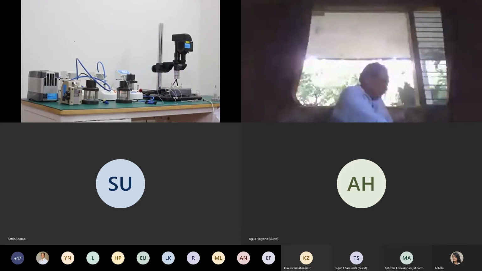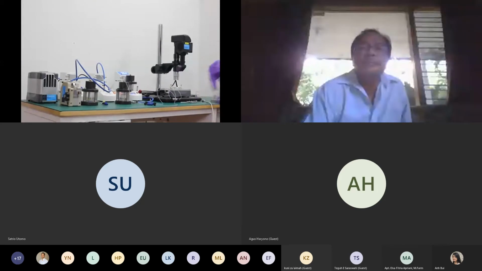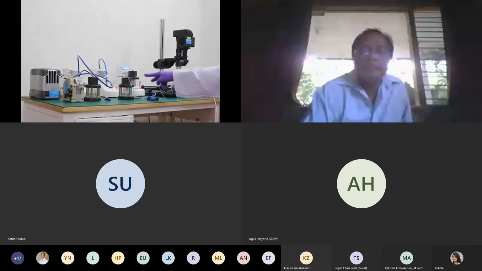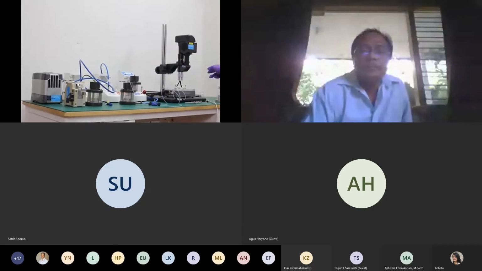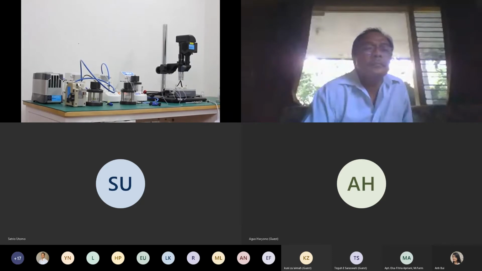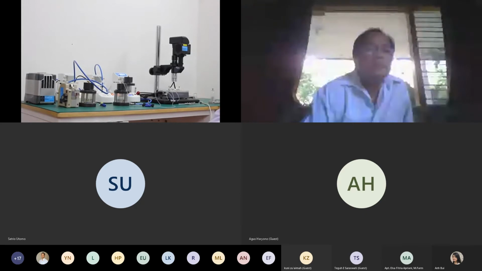I will share my screen again to show how our software controls this system, with the two pumps and the microscope to visualize the droplet formation inside the chip.